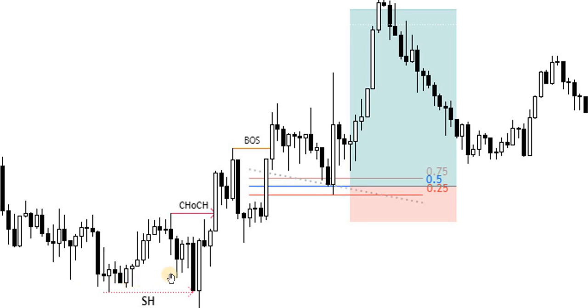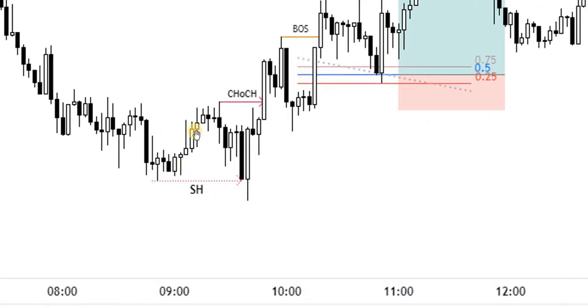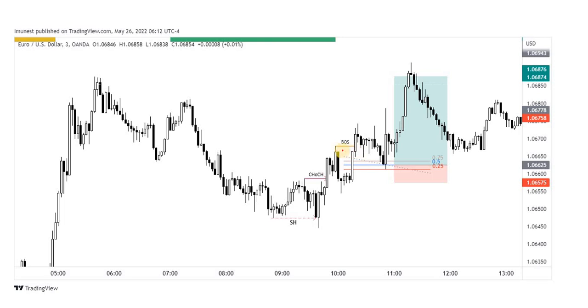We have this downtrend, and eventually we have a change of character after this stop hunt. And what do we do? We wait for the break of this swing high.